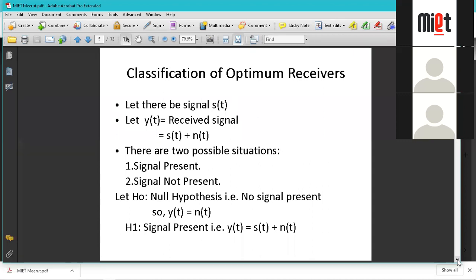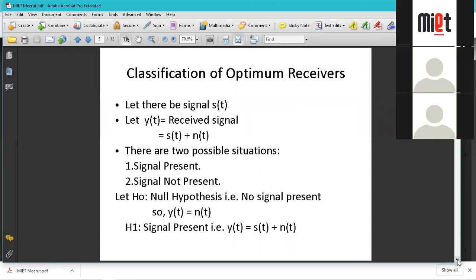Let there be a signal S(t) which has been disrupted by the noise N(t), and the received signal is Y(t). The only situation known to us is that it is a digital signal. And a digital signal can be expressed in two situations: the first is the presence of signal, and the second is the absence of signal.